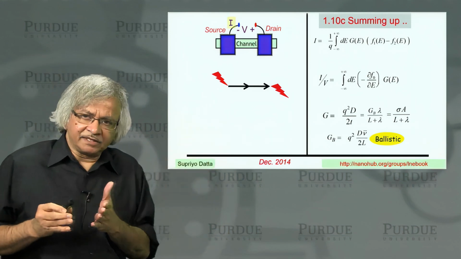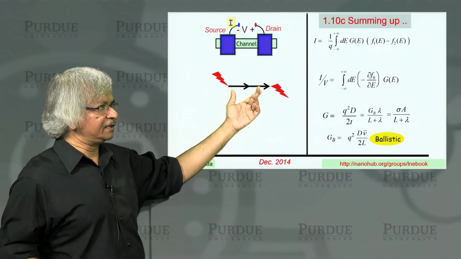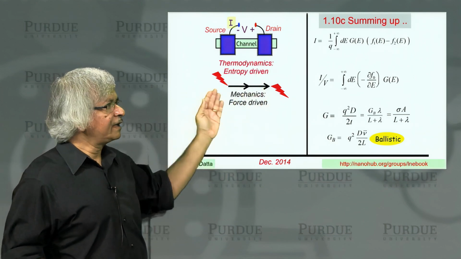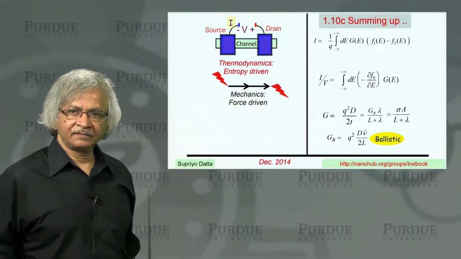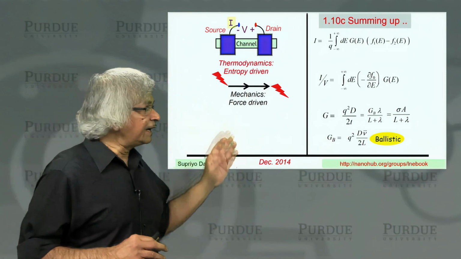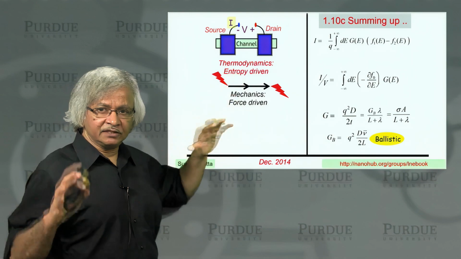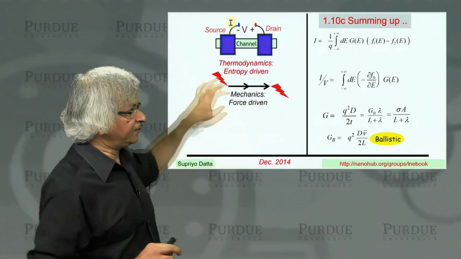And what made this possible is that we were using this idea of an elastic resistor, the idea that electrons go through the device elastically and all the dissipation occurs in the contacts. As I've mentioned before in the introduction, these are two very different types of phenomena, two branches of physics that developed separately.